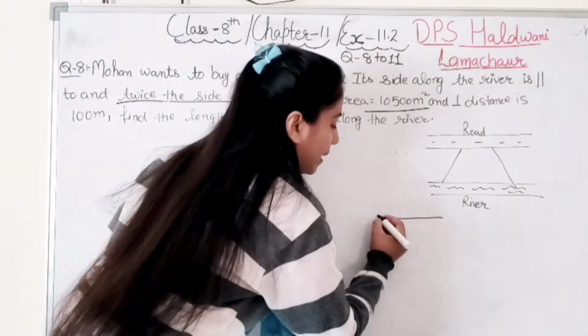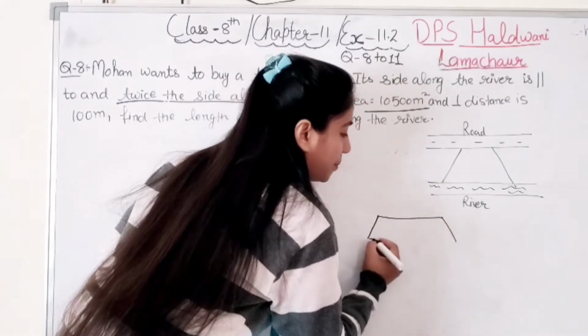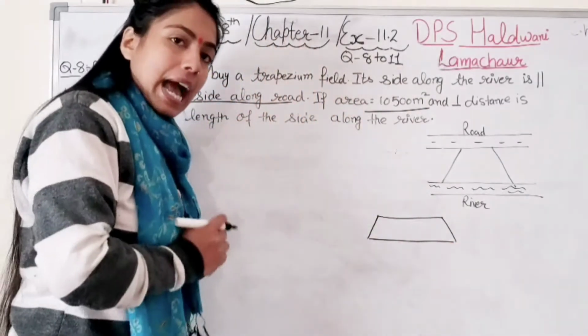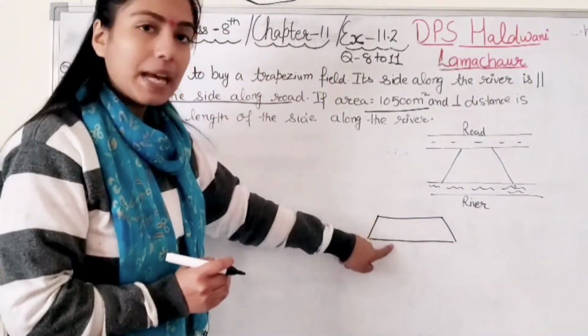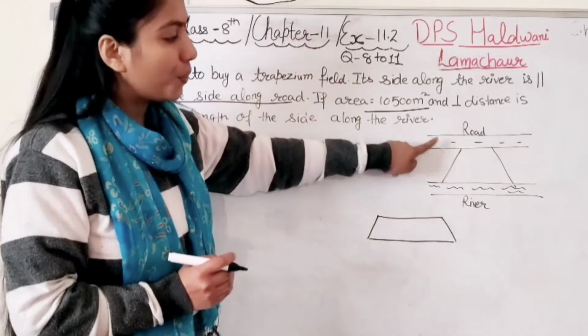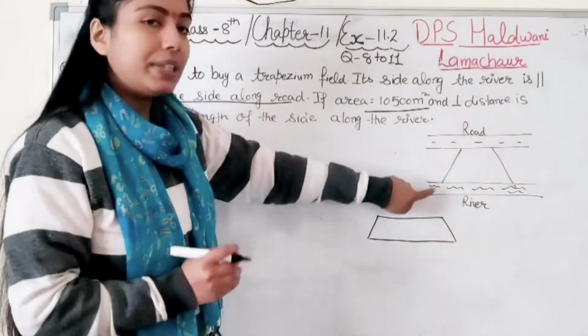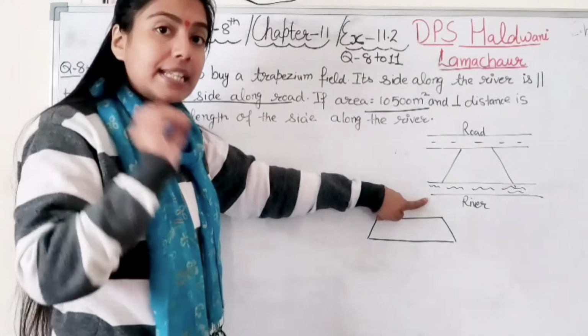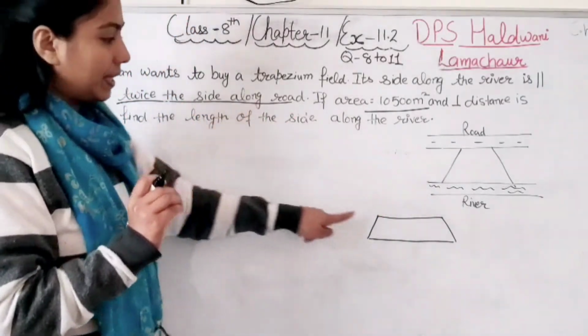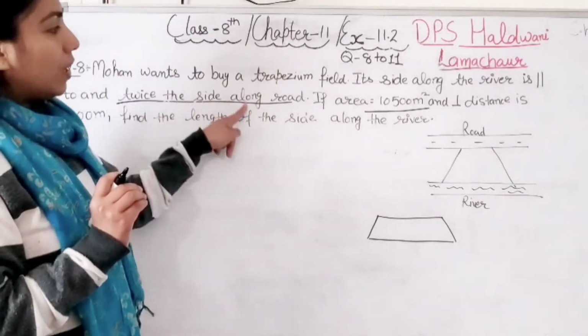Students, see, Mohan wants to buy a field in the shape of a trapezium, right? And both sides are parallel, because one side is the road, one side is the river, and they are parallel. The length is also given: twice the side along the road.